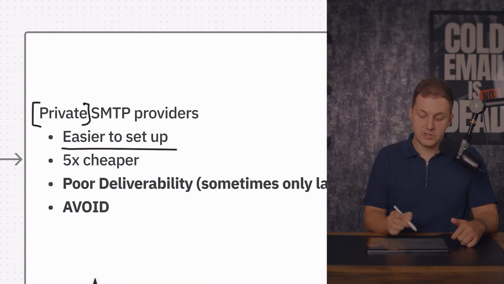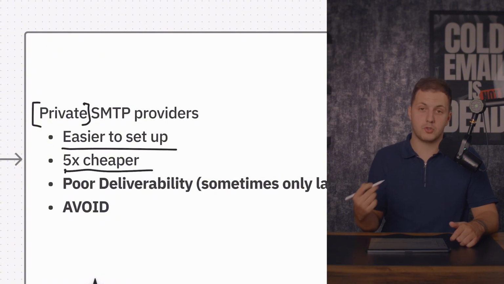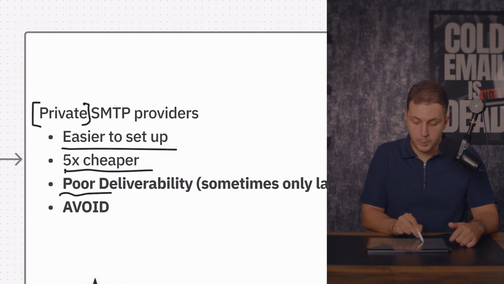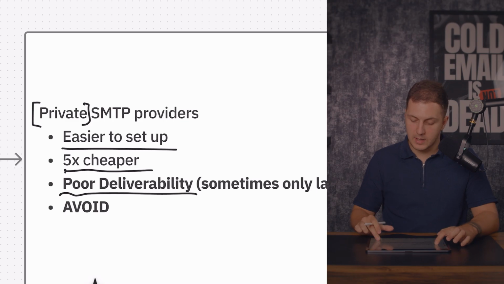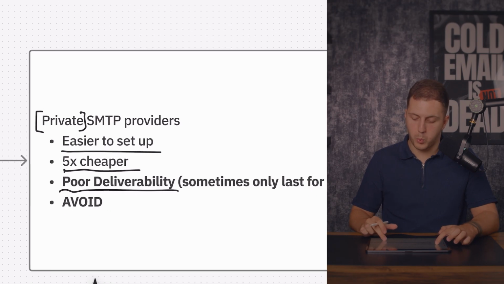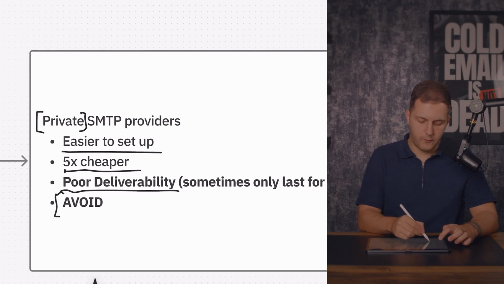Now, even though these servers are private, these are from random people, and these ones are from Google. Which ones do you think have higher reputation? Of course, it's Google. So even though these inboxes are easier to set up and usually 5 times cheaper, they actually have poor deliverability and sometimes only last for a couple of weeks. So we should avoid them at all costs.